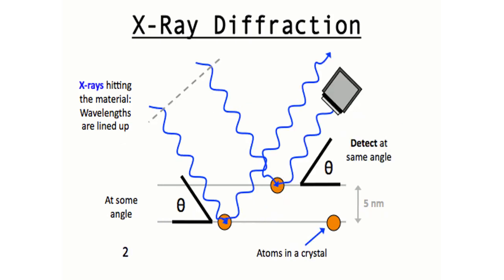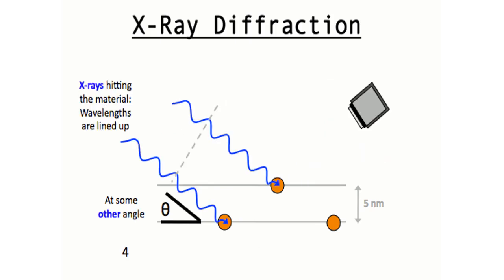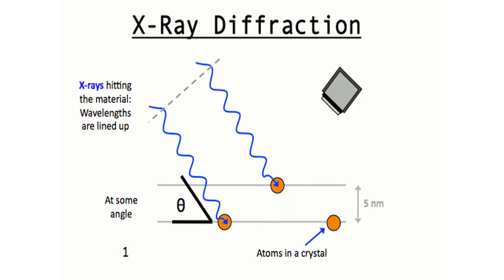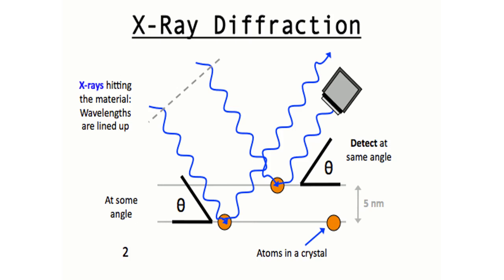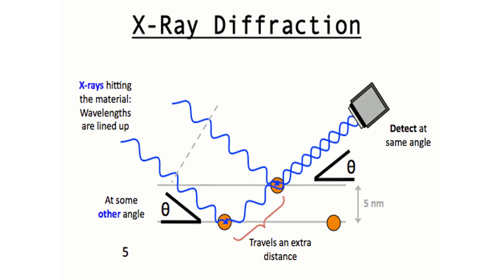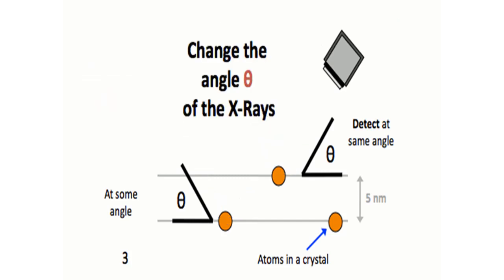If there are alternating troughs and crests, and the crest of one wave opposes the trough of another ray, then they will interact destructively, and no diffraction pattern will be observed. This is the constructive interference, because between the two scattered rays, the trough of one ray interacts with the trough of the other.